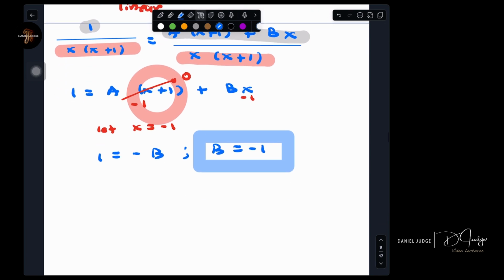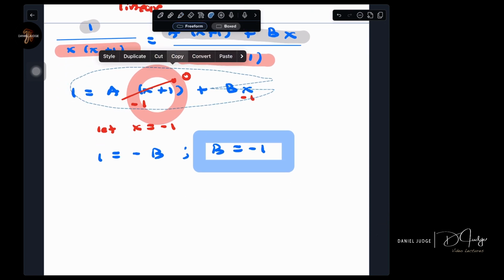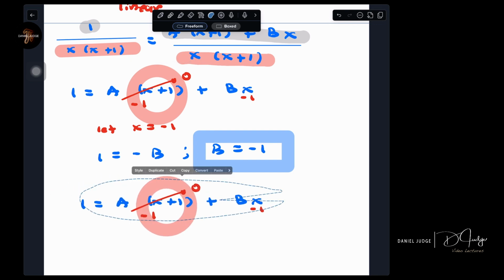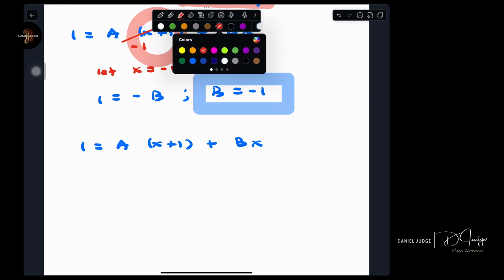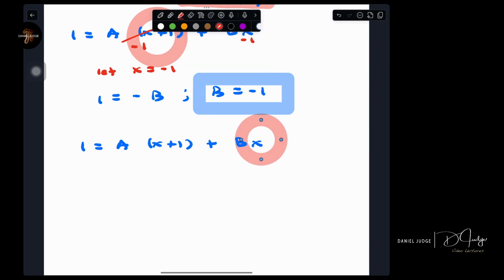We're going to repeat that process again, and let x be 0, because we're going to try to zero out the second linear term, which is just an x. So we're going to let x be 0 wherever we see the variable x.